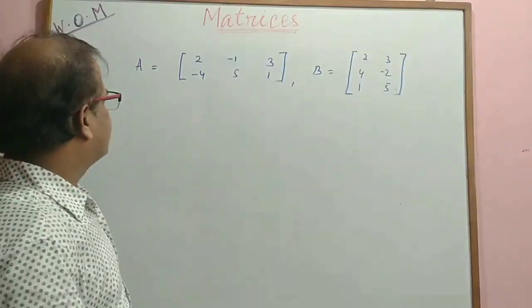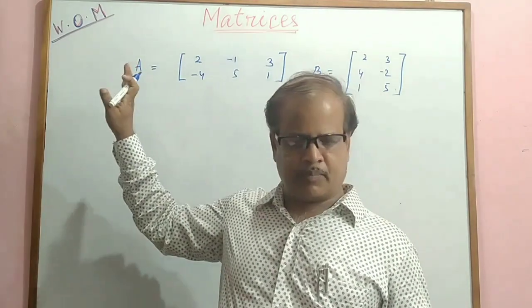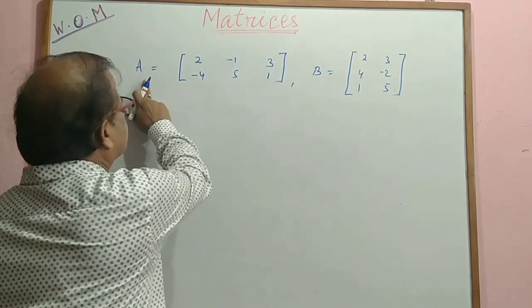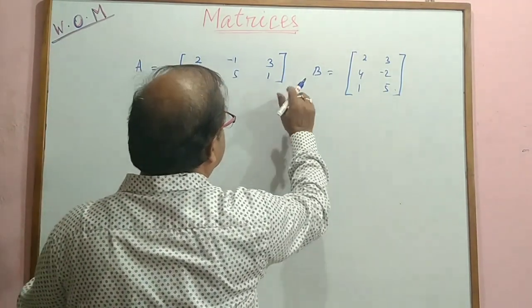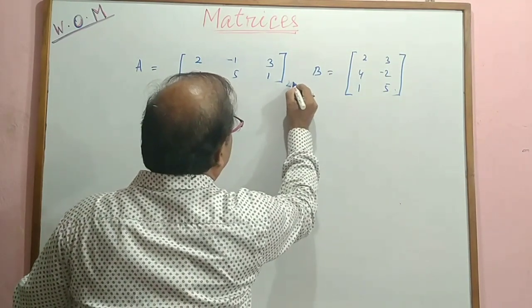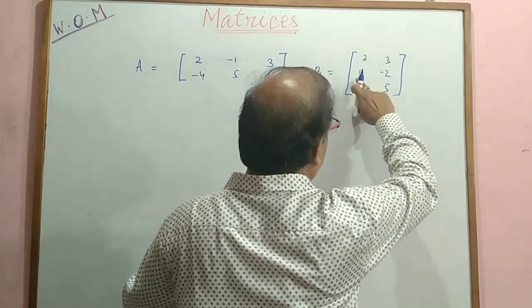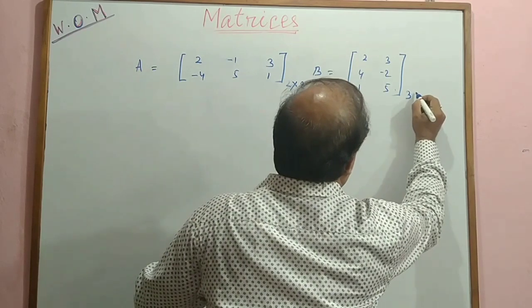Take an example of multiplication of two matrices A and B. Here A is [2 -1 3; -4 5 1], which is of order 2 by 3, and B is [2 3; 4 -2; 1 5], which is of order 3 by 2.